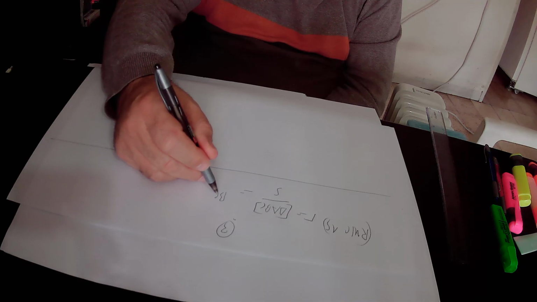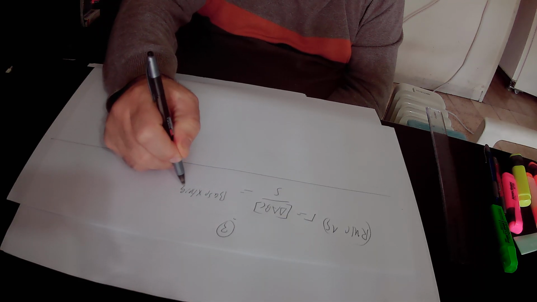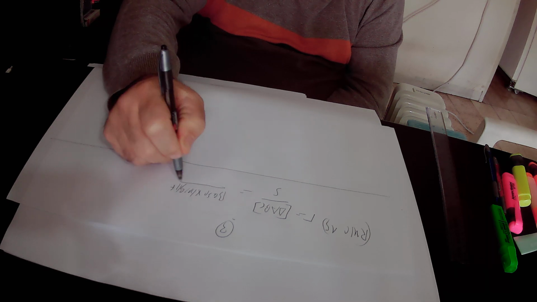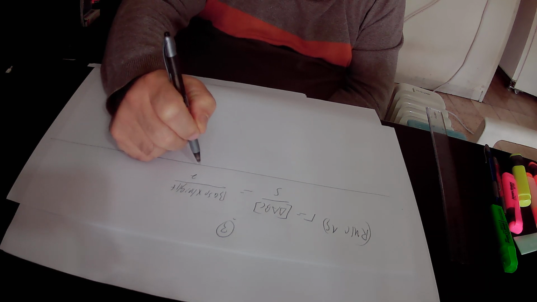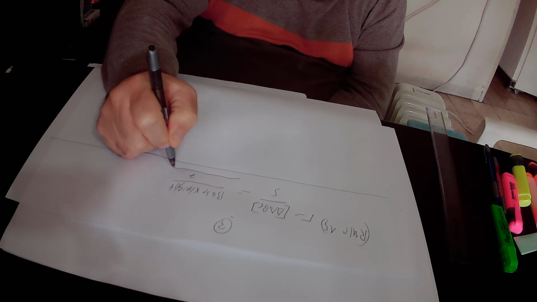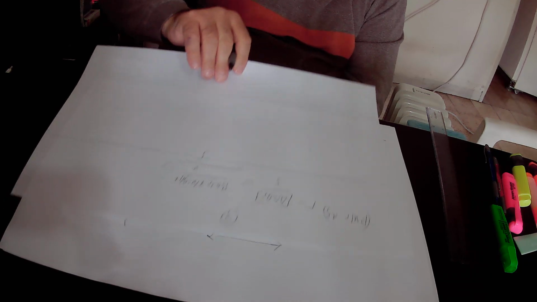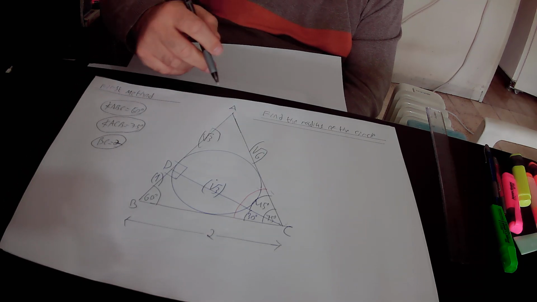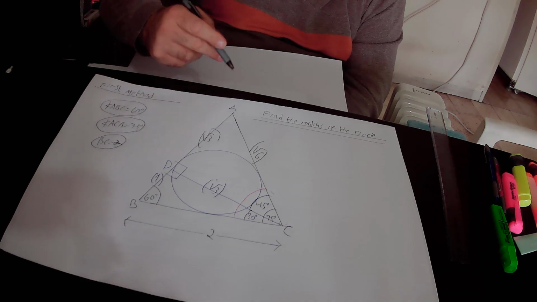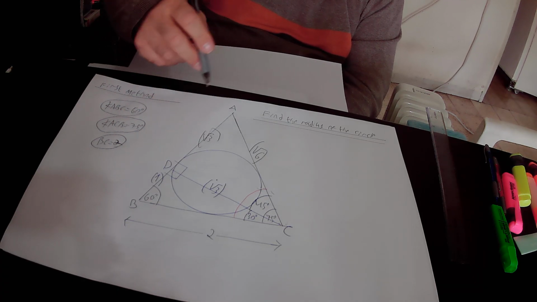is the base of the triangle times the height to the base over 2. We have to divide this area by the semi-perimeter S. So we will take the base of this triangle ABC as AB, so the height will be DC.